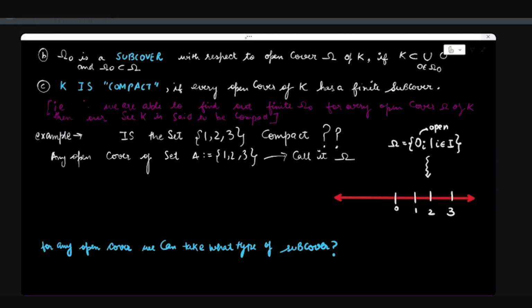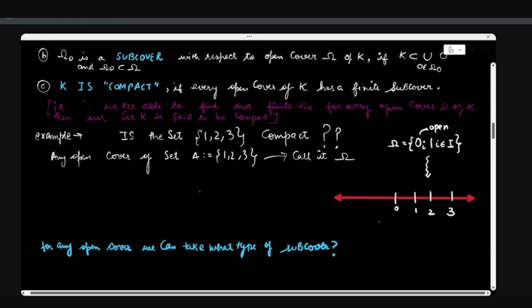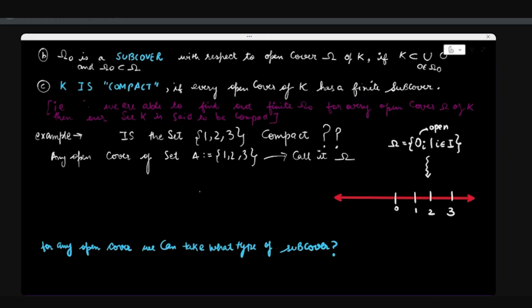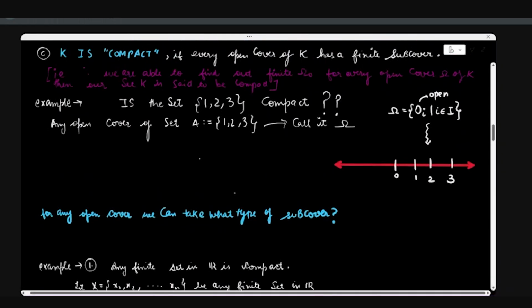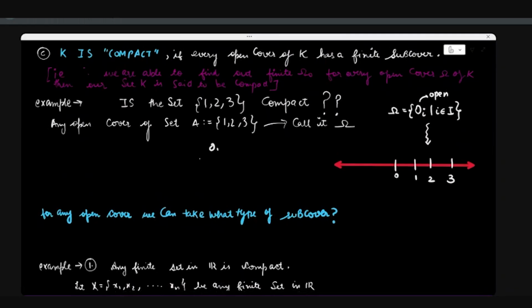If we think a little bit, we can see that this set A is contained in the union of open sets from omega. This essentially means there exist some O1, O2 and O3 belonging to omega such that 1 belongs to O1, 2 belongs to O2 and 3 belongs to O3.